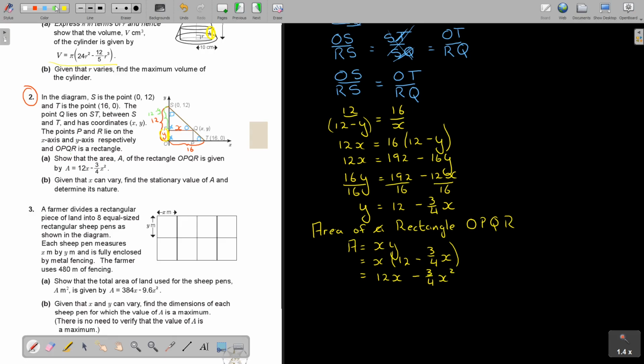Excellent. Now I will go to number B. Given that x can vary, find the stationary value of A, differentiation always equal to 0, and determine its nature.